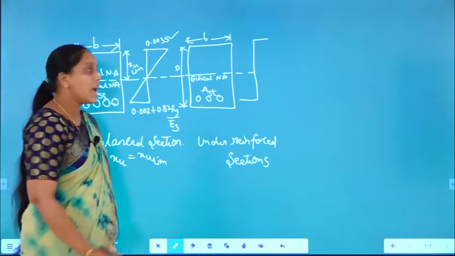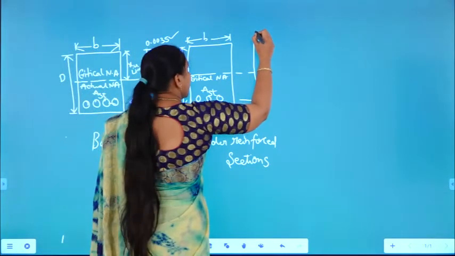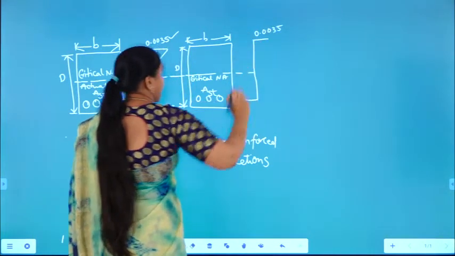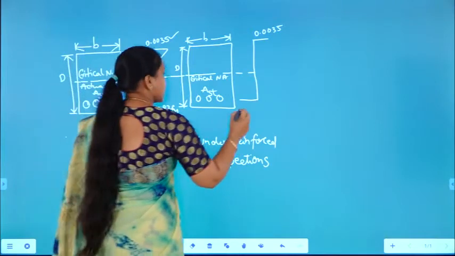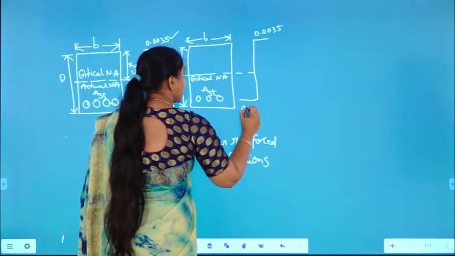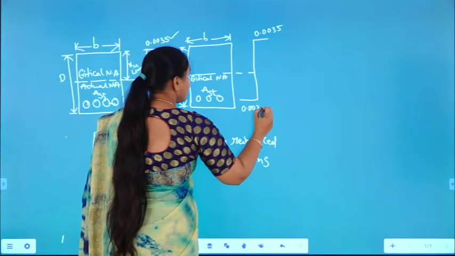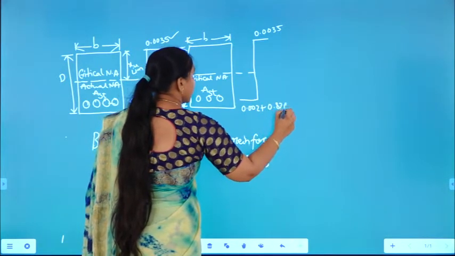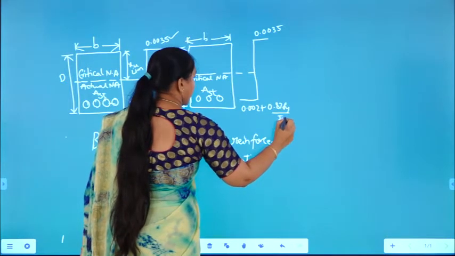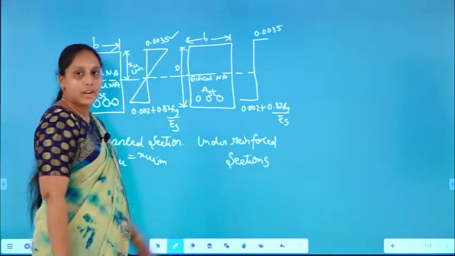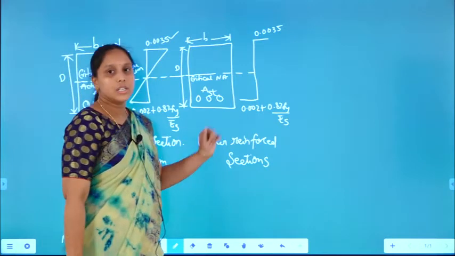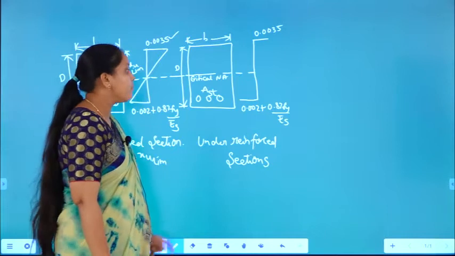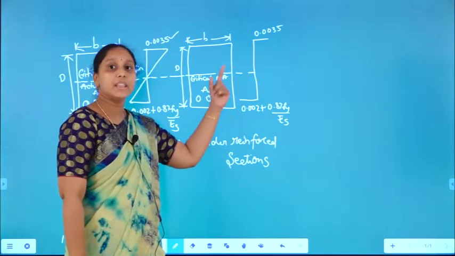That is what is happening here. So, what is the value? The maximum strain in concrete is 0.0035. And what is the maximum strain value in steel? It is 0.002 plus 0.87 Fy by Es.